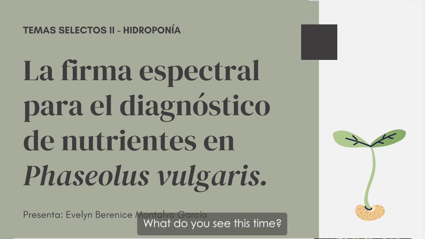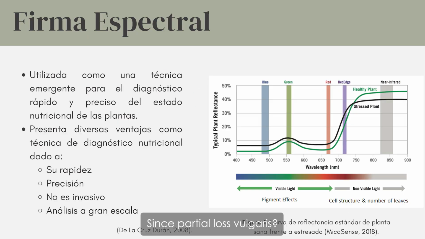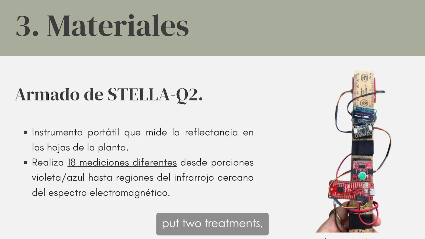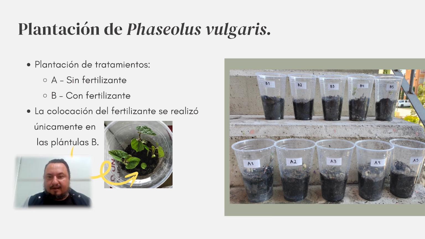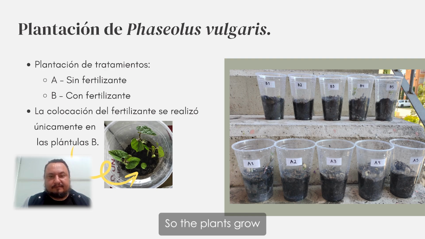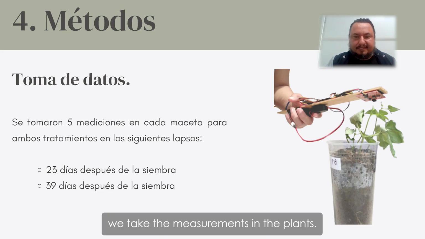We used beans this time, Phaseolus vulgaris. What we did was put two treatments: one with only soil and one with some chemical fertilizer. So the plants grow and we take the measurements on the plants.